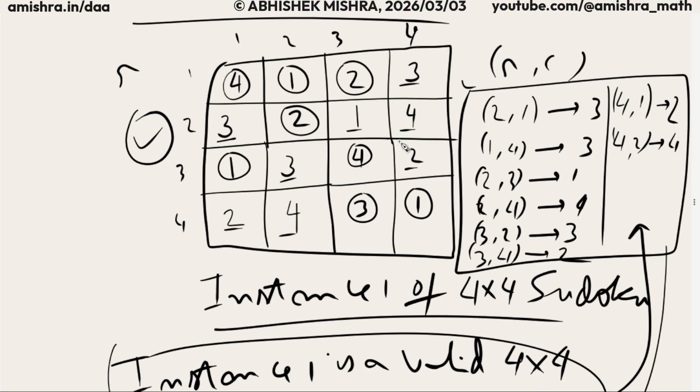So how can we verify? Suppose we are given any certificate. So we have to make some checks. Total 12 checks. These are, we have to check that the 4 small rectangles have numbers 1, 2, 3, 4 exactly once. 4 rows have numbers 1 to 4 exactly once, and the 4 columns have numbers 1 to 4 exactly once.